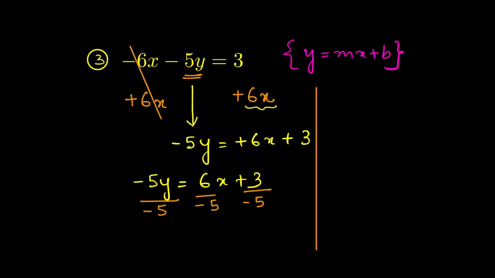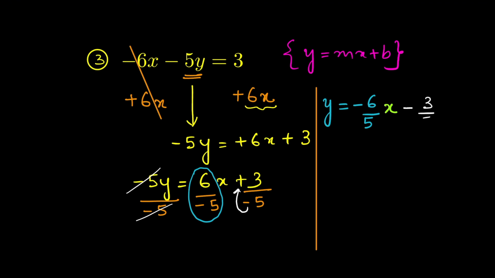This minus 5 and minus 5 cancel out. So we are now left with y equals minus 6 over minus 5, which we can write as minus 6 over 5, and then we write x here, then plus, and this one we write as minus 3 over 5.